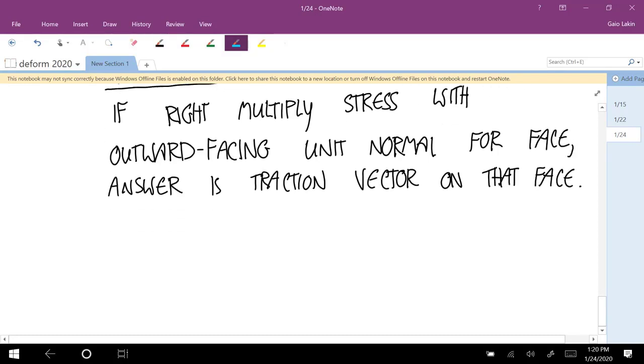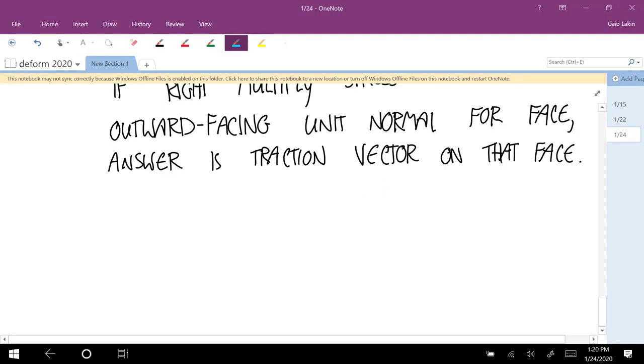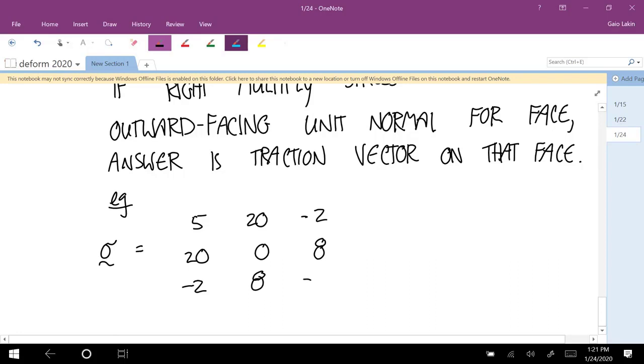Okay, so let's see how this works. So let's say, for example, your stress tensor is 5, 20, negative 2, 20, 0, 8, negative 2, 8, negative 10. Okay, that is all the symmetry that you need.